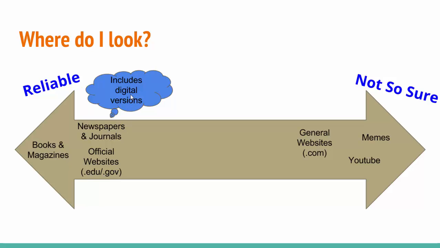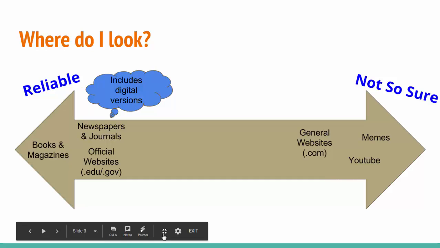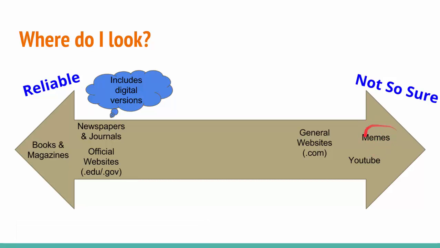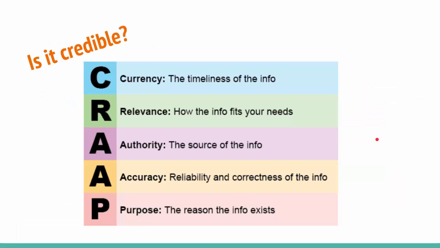That would also include digital versions of books, magazines, and newspapers. The not so sure would be .com websites, YouTubes, and let's just cross this one out, memes. Memes are not a source of good information.